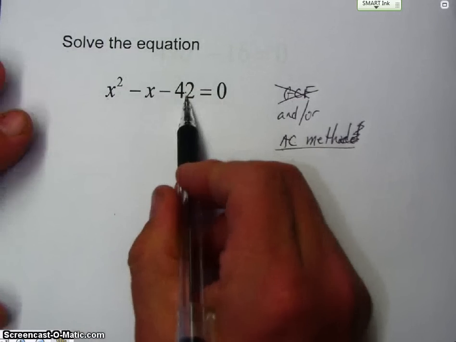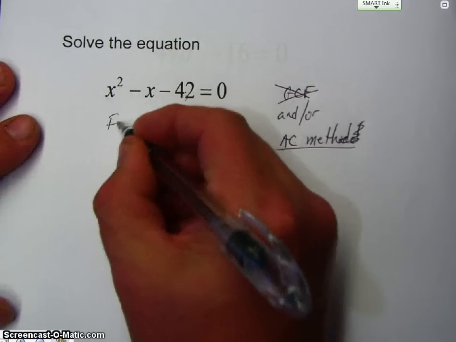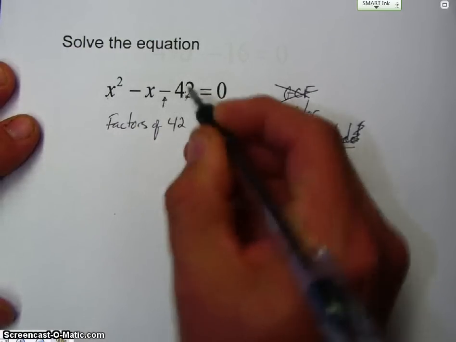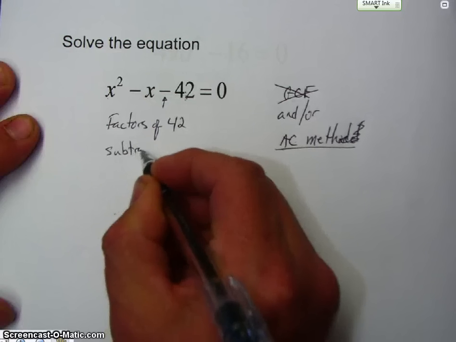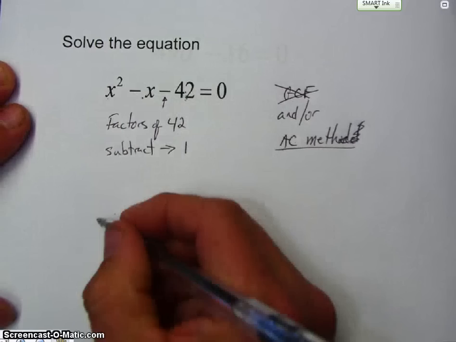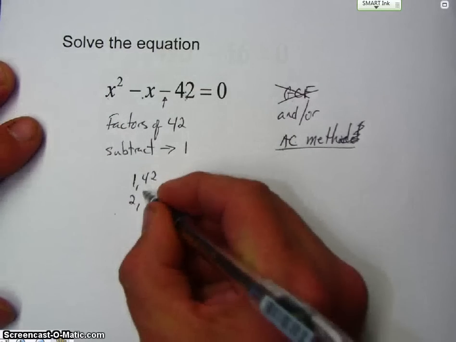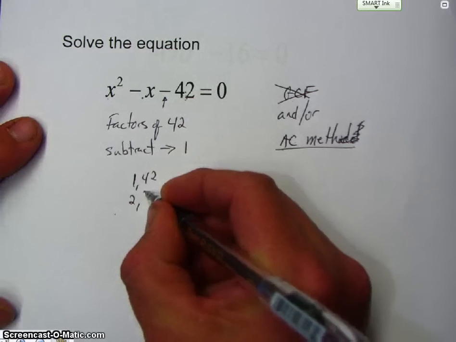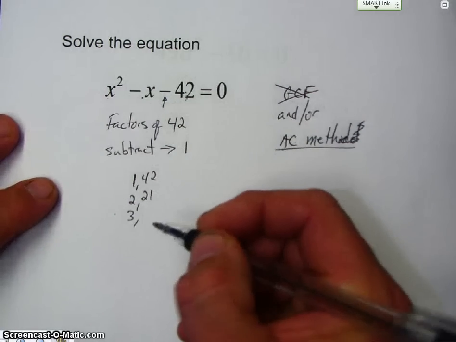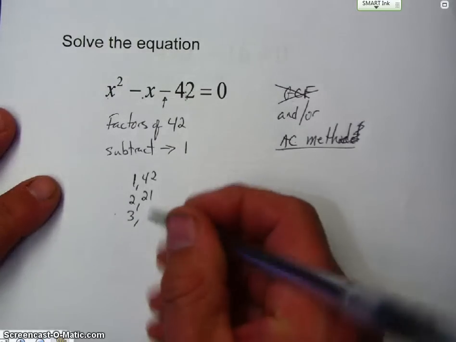All right, so here we are. We want the factors of 42 that, if I subtract, will give me 1. The factors of 42 are 1 and 42, 2 and 21, 3 and 14.